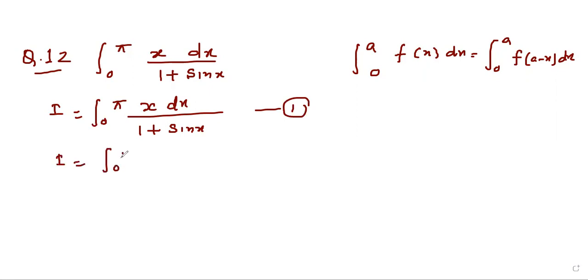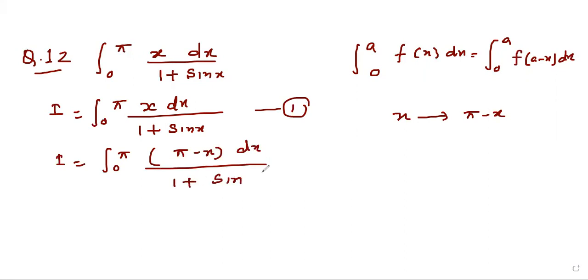I equals integral 0 to pi, and in place of x, here x is being replaced by pi minus x. So (pi minus x) dx divided by 1 plus sin(pi minus x). Sin(pi minus x) is sin x.